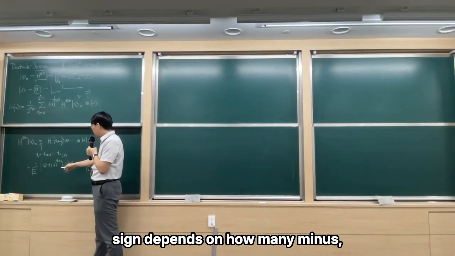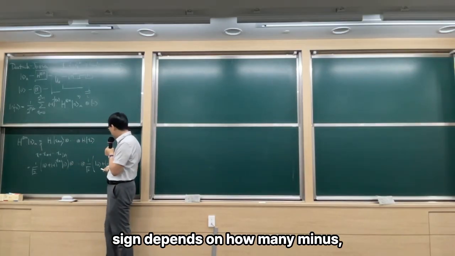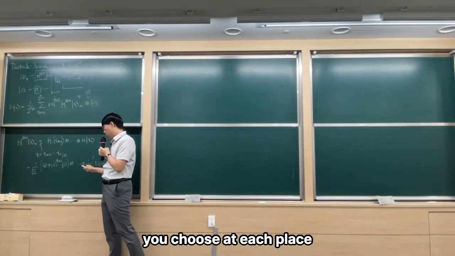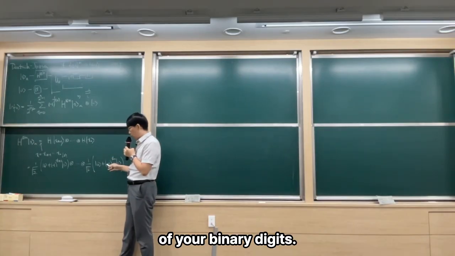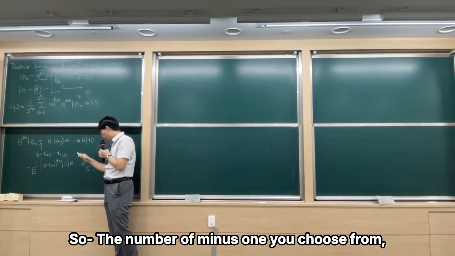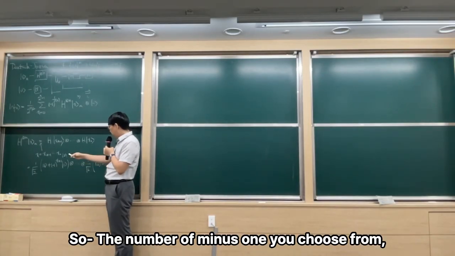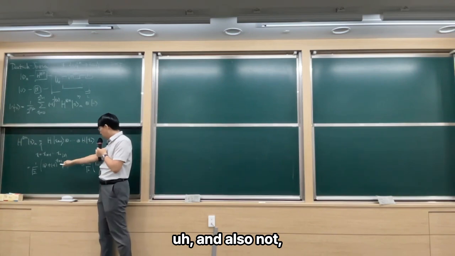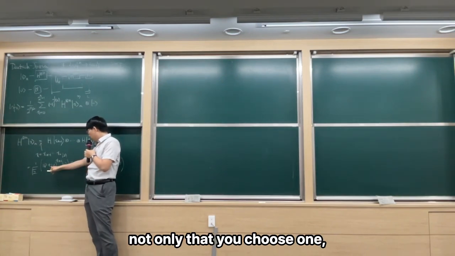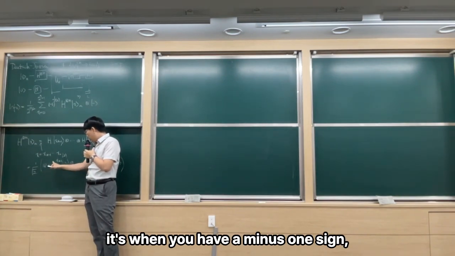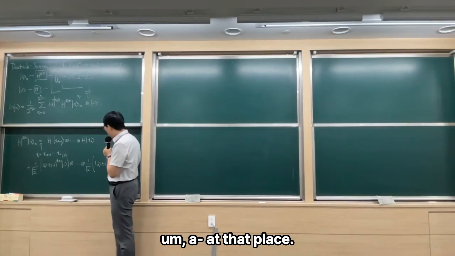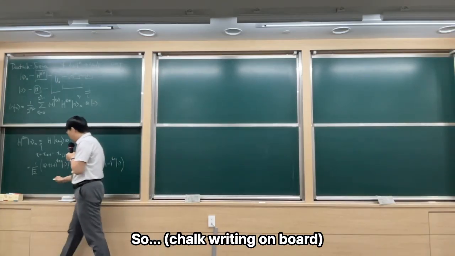The sign depends on how many 1 kets you choose at each place of your binary digits. So it's the number of minus 1s you choose, and not only that you choose 1, it's when you have a minus 1 sign at that place.